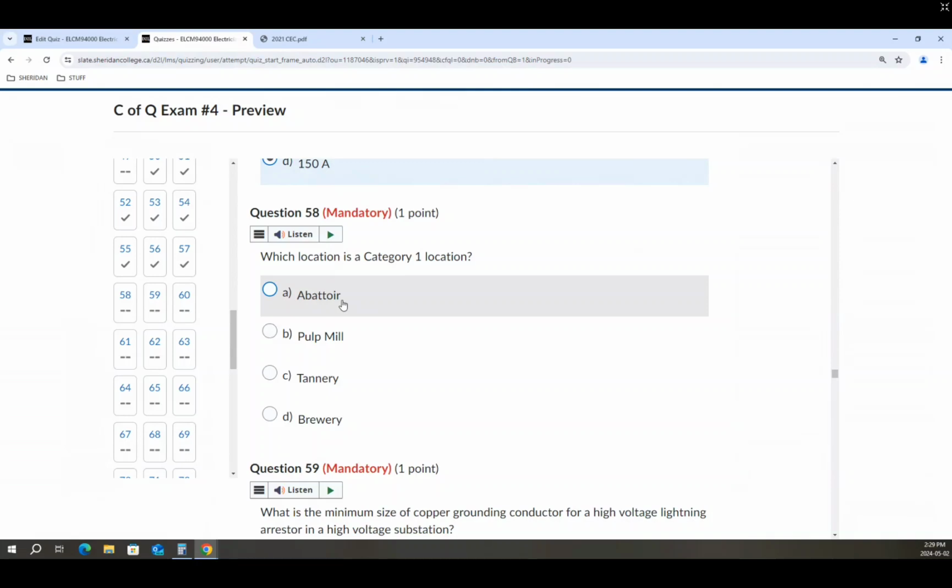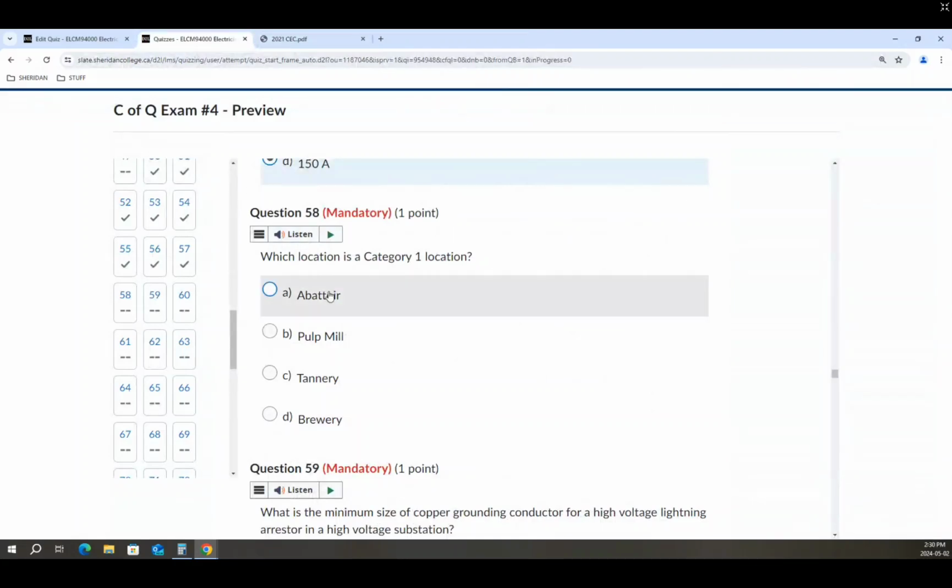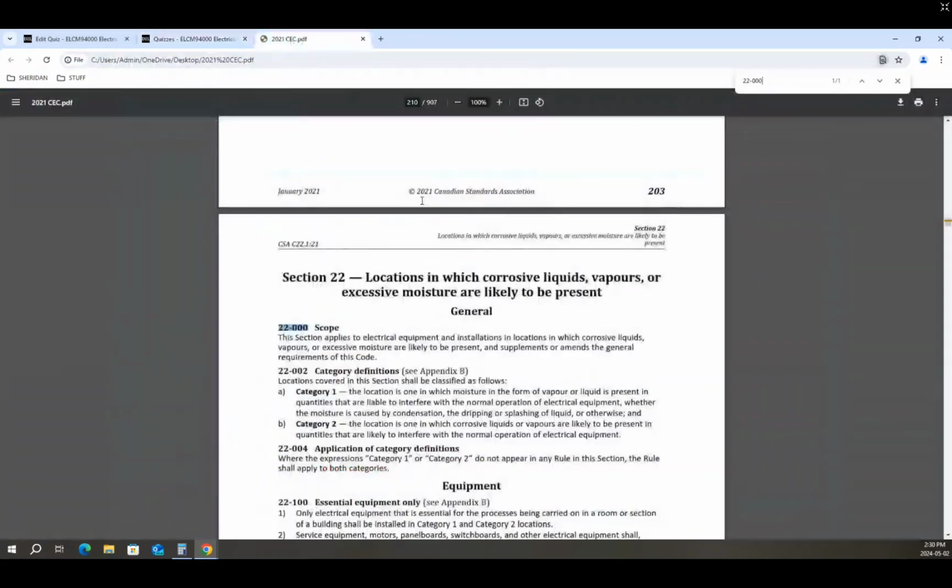My question, what is a Category 2: abattoir, pulp mill, tannery, or brewery? So any of these have moisture in the form of vapor or liquid present. Pulp mill, maybe. Tannery, maybe, yeah.